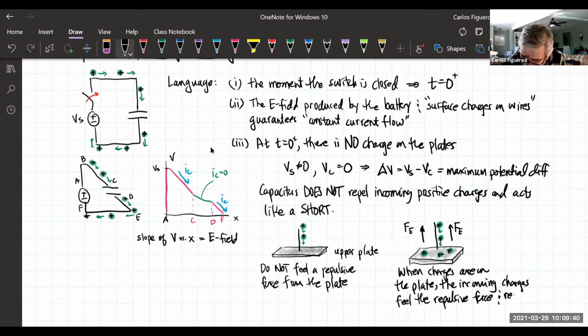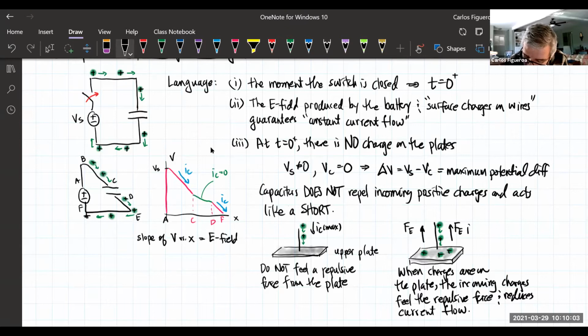And it reduces current flow. So in other words, if there's no charge on the plate, I have a maximum potential difference. A maximum potential difference guarantees that in this case here, IC will be at a max.